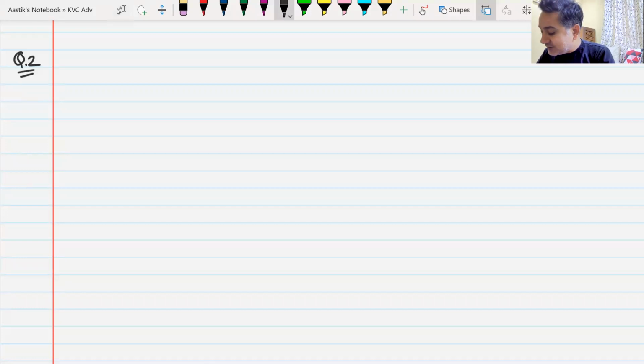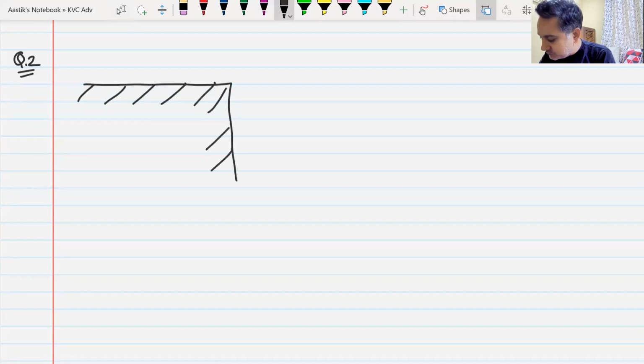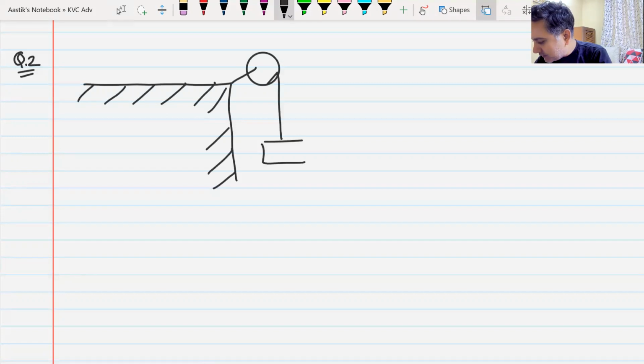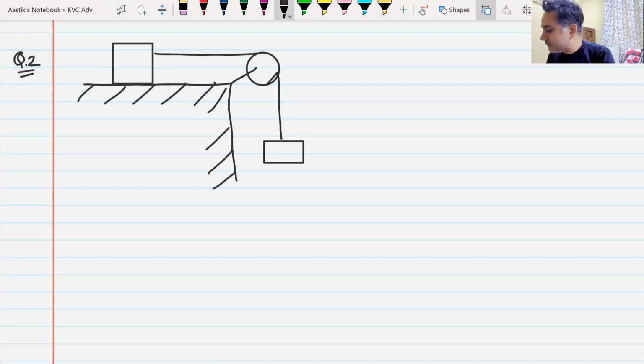Okay, now the next question looks like this, and I hope you don't get confused. A block is hanging like this, and one block is kept like this.